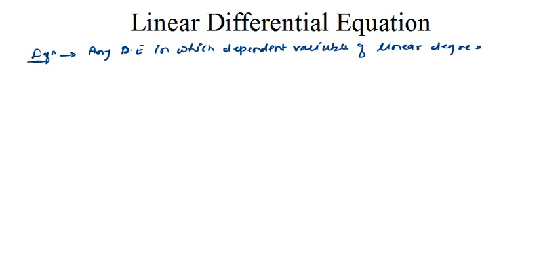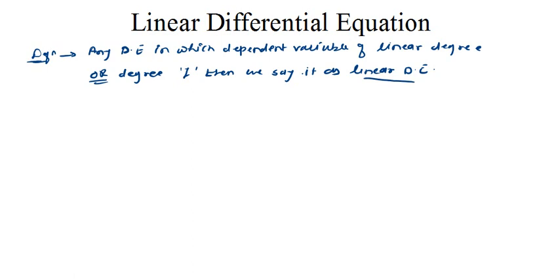Of degree 1, then we say it is a linear differential equation. Okay, so if I write it here, dy by dx, in this case y and x are variables, but this y is called the dependent variable because it depends on x, and this x is called the independent variable.